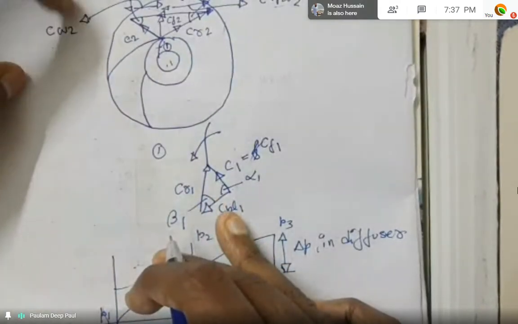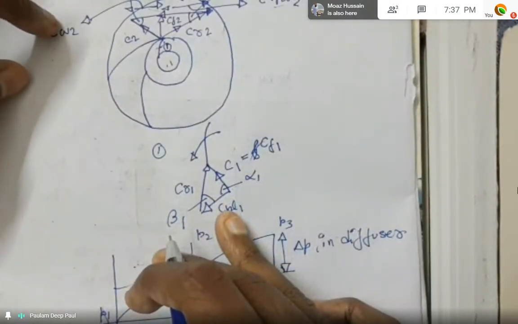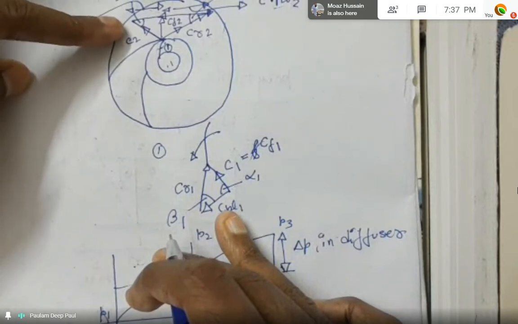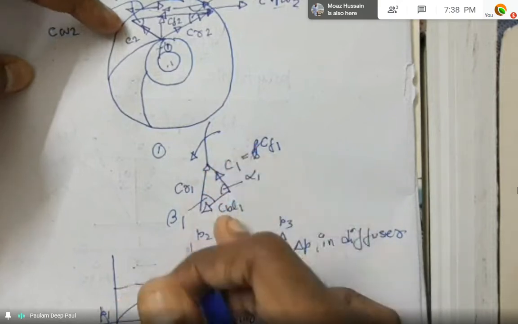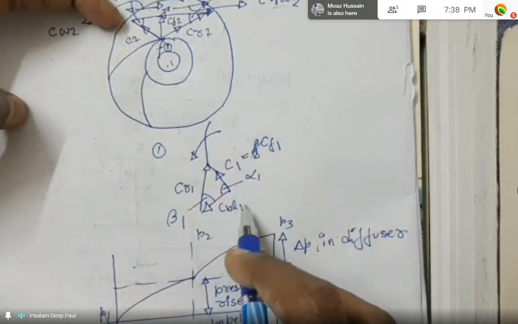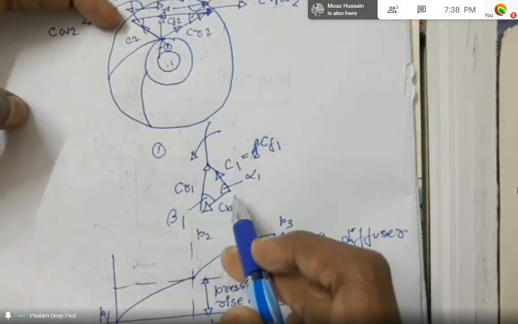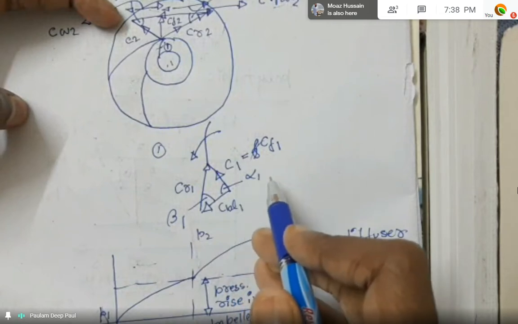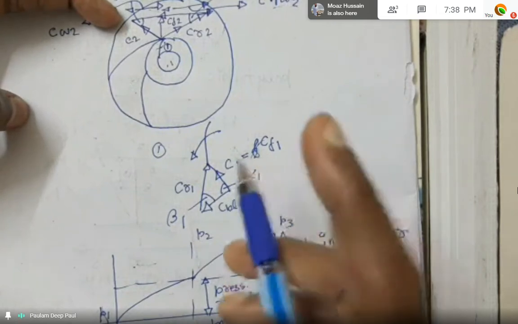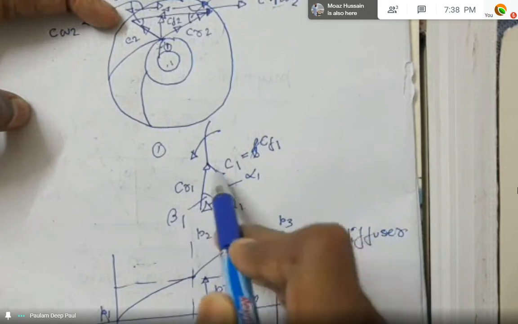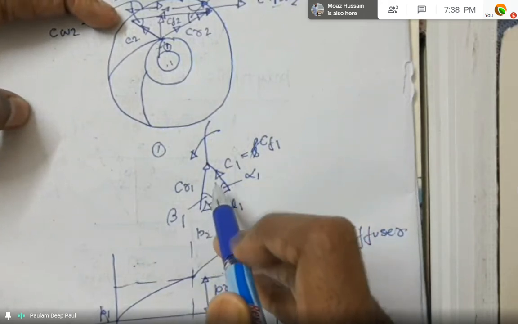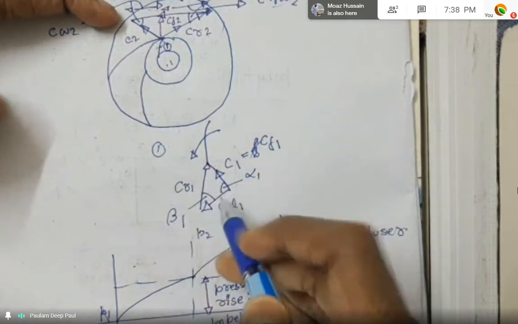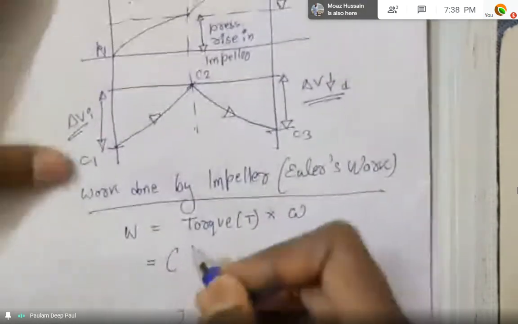So the outlet whirl velocity is CW2, and the outlet radius we can denote as R2, and for the inlet it will be CW1 and R1. But the funny thing here is we don't have any inlet whirl components. So how do we tackle that? We'll be coming to that in just a while.